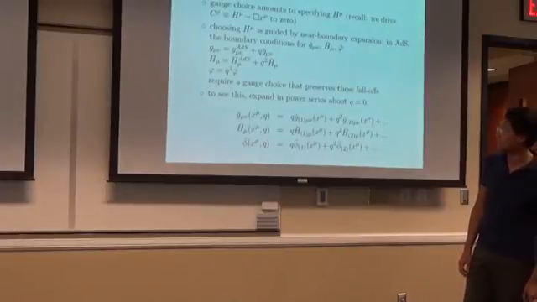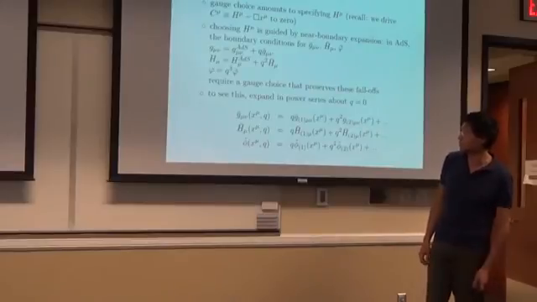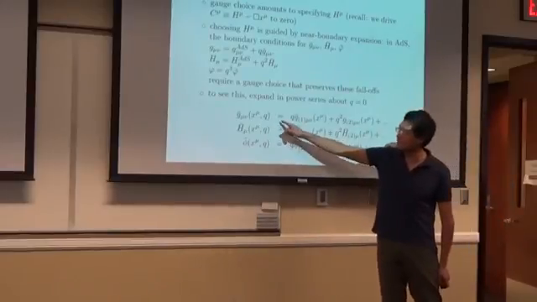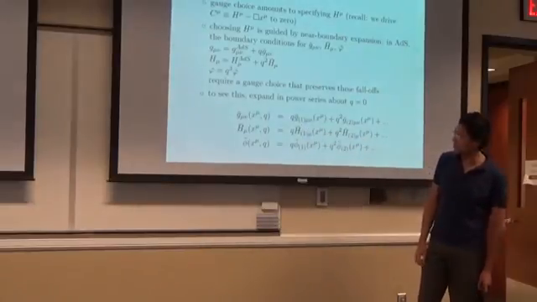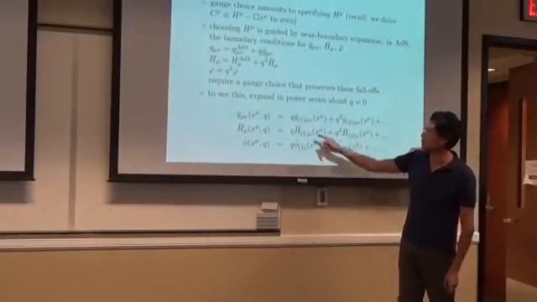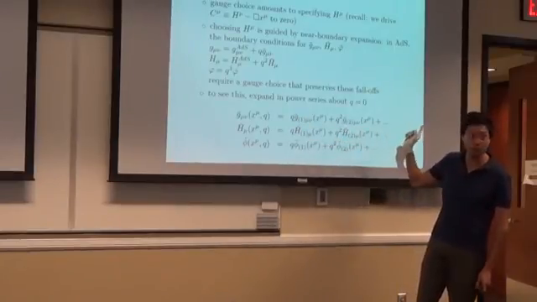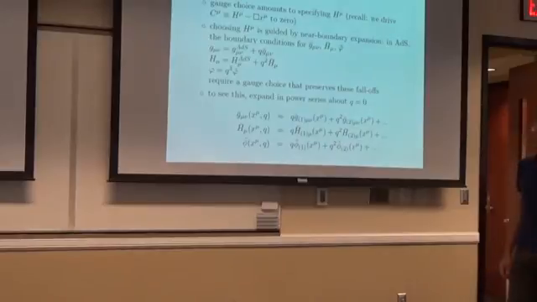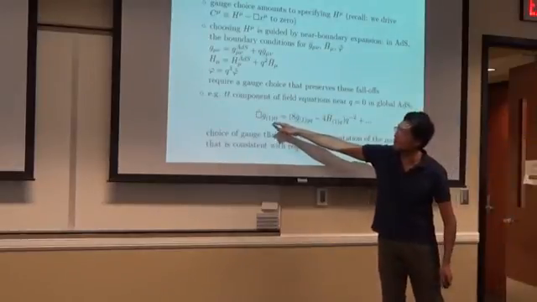Now let's expand each of these variables in a power series around q equals 0. First of all, if this goes off as q, I'm going to put a subscript of 1 denoting that this is the coefficient for q, and so on for q squared and q cubed. And let's look at one of the field equations.